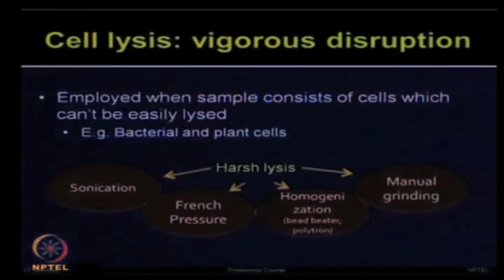Then sonication and French pressure are more used when you are working with bacterial and yeast or different types of cells which are difficult to open. We will talk about these in more detail in the more specific example when we talk about how to extract the proteins from a bacterial sample.